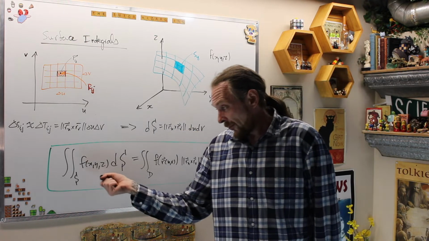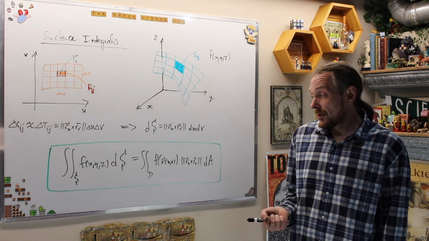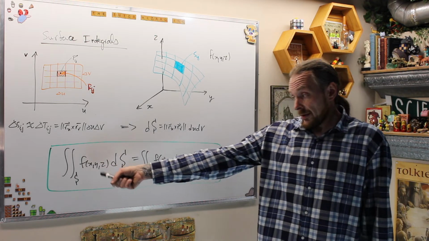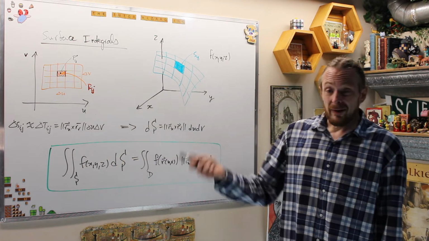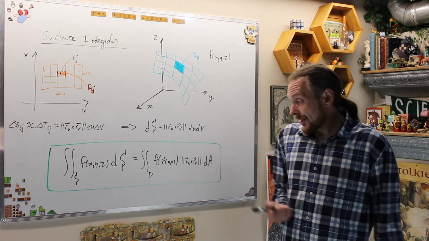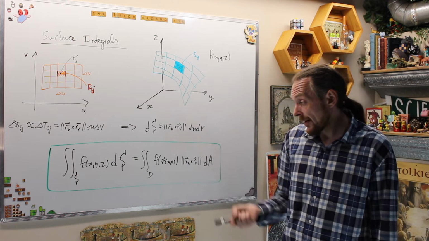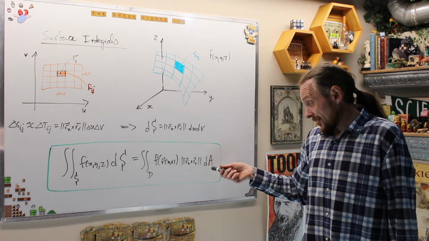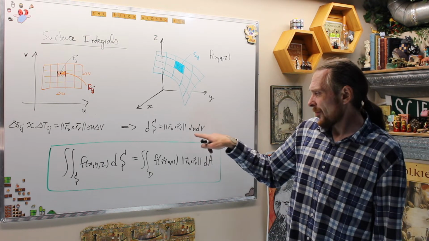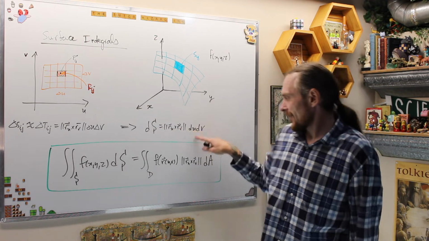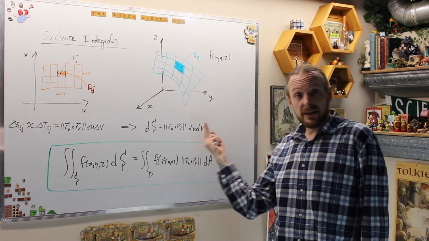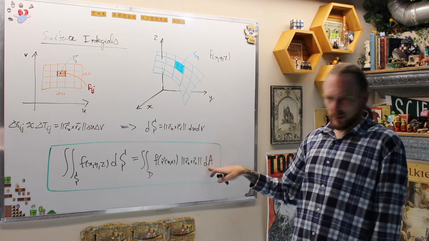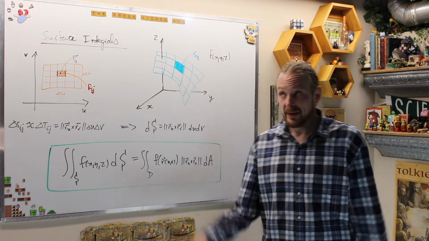The computable formula is that the surface integral of f of x, y, z over S is equal to the double integral over the region D of f of r of u, v, times the norm of Ru cross Rv, dA. In general, for a rectangle, it doesn't matter whether I put du dv or dv du, but for a more general region, we'll just put dA, and then you'll have to set up your bounds and figure this out.